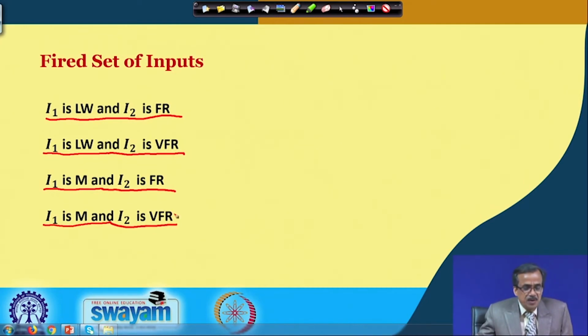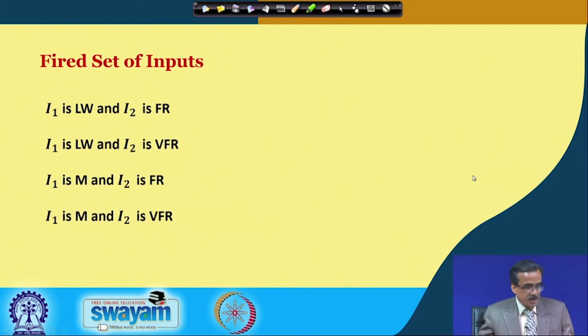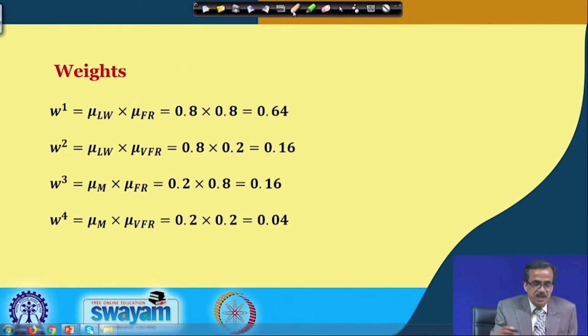Now, corresponding to each of these sets of fired input parameters, we should be able to find out the weight. Let us see how to find out those weight values. To determine the weight values, we find out W 1, that is the weight of the first fired rule, and this W 1 is nothing but mu low multiplied by mu far.